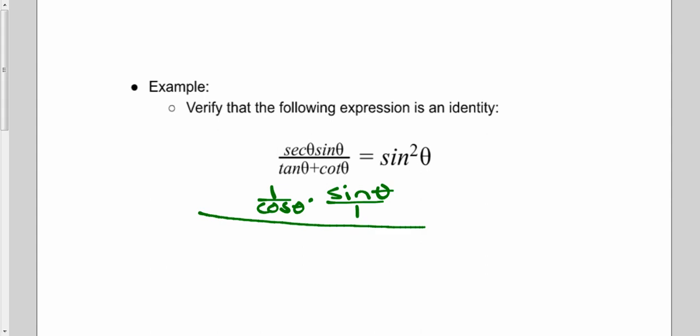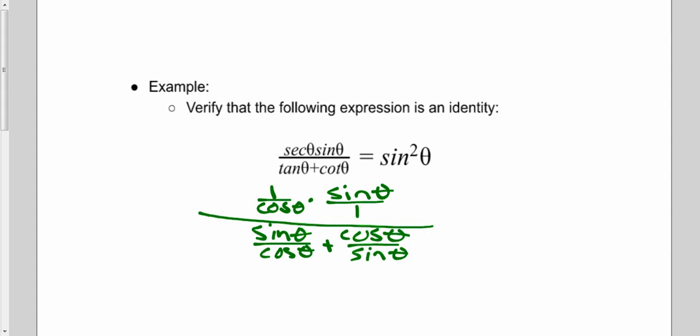And then on the bottom, I'm going to rewrite tangent and cotangent. I'm going to use my quotient identities. Yeah, sine theta over cosine theta, plus, cotangent is cosine theta over sine theta.